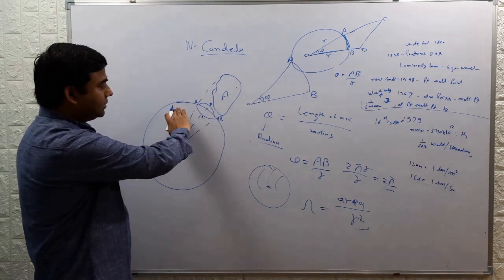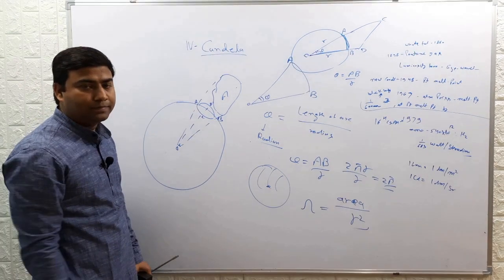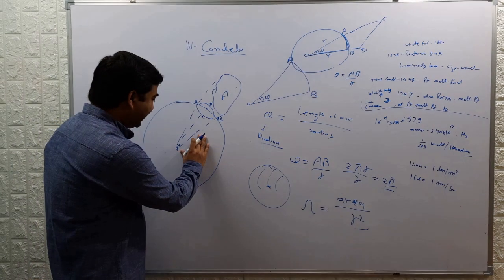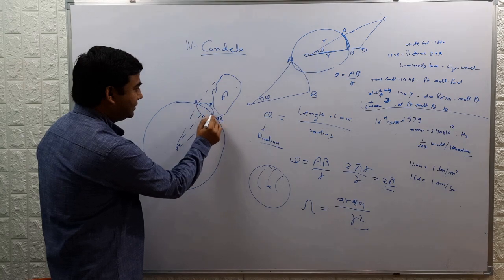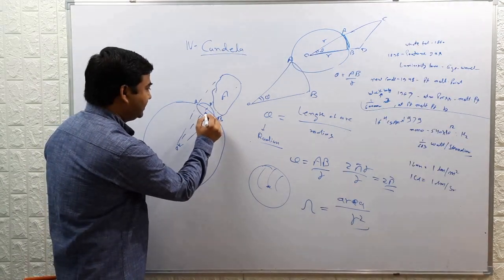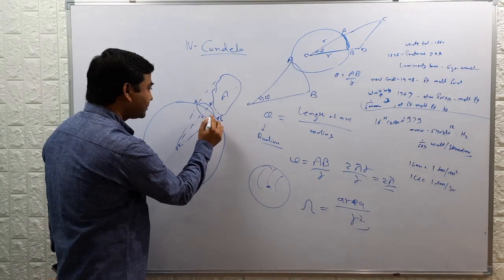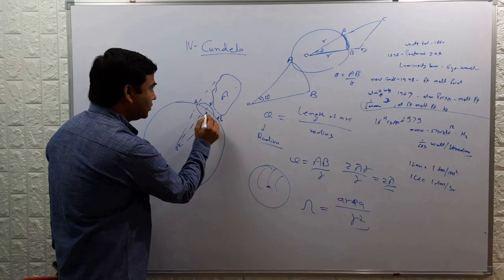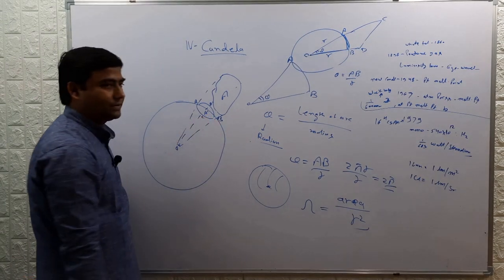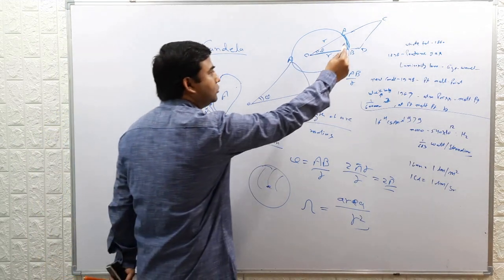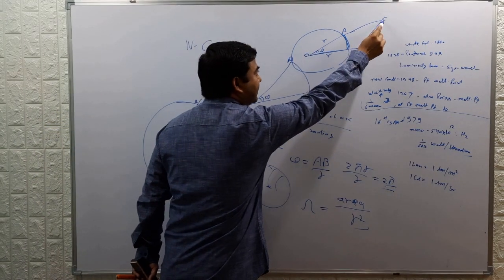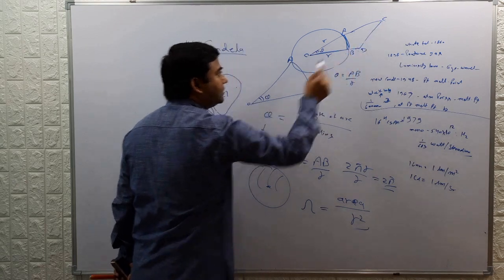That is the area of the sphere. So the solid angle at the center is given by this area. Let this area be A, and this area be A dash. This area may be different, similar to how the length of the arc is not necessarily equal to CD.